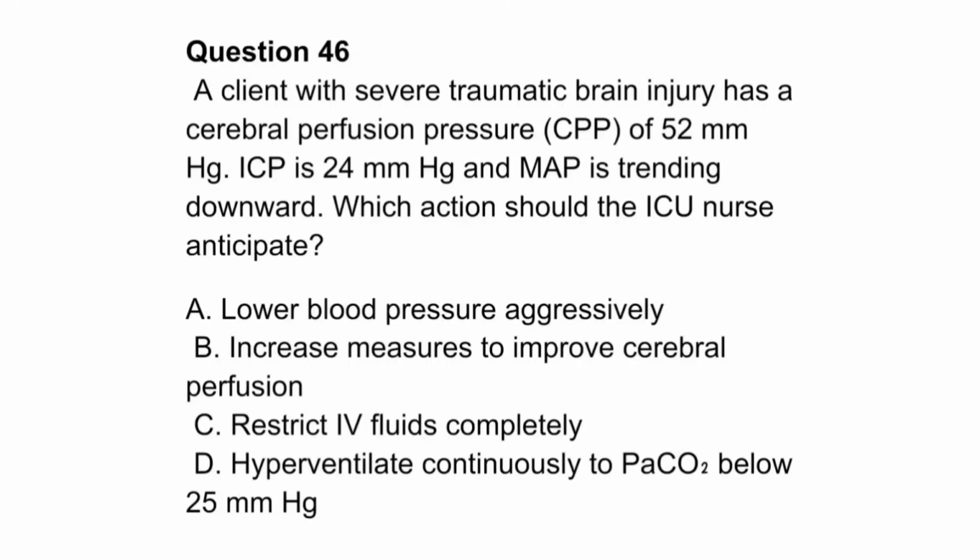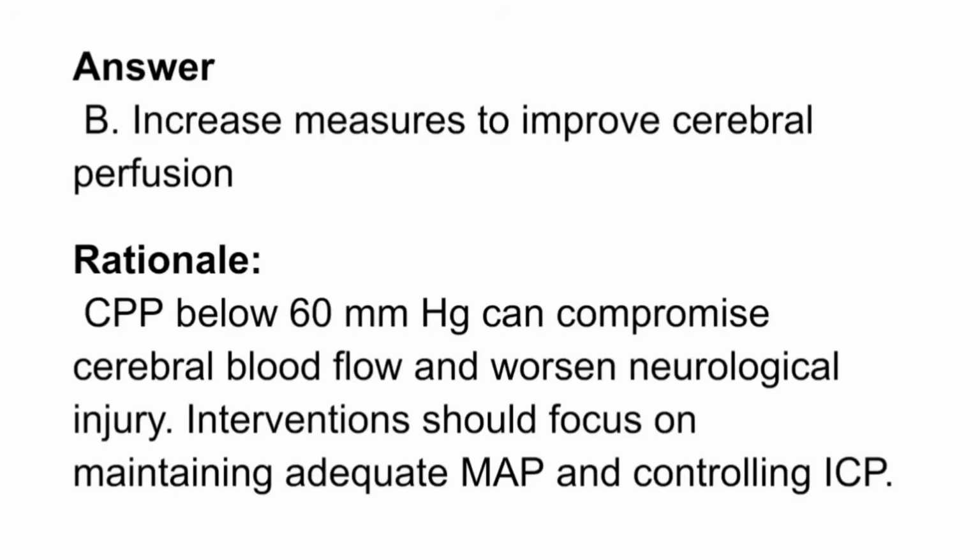D. Hyperventilate continuously to PaCO2 below 25 millimeters of mercury. Answer: B. Increase measures to improve cerebral perfusion. Rationale: CPP below 60 millimeters of mercury can compromise cerebral blood flow and worsen neurological injury. Interventions should focus on maintaining adequate MAP and controlling ICP.